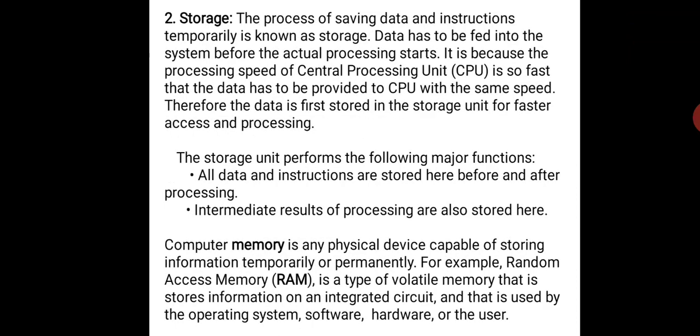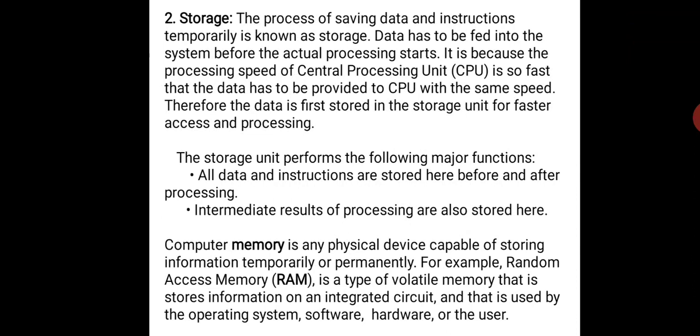Next, storage. It is the most important part of the computer system. The process of saving data and instructions temporarily is known as storage. Data has to be fed into the system before the actual processing starts. It is because the processing speed of the central processing unit, the CPU, is so fast that data has to be provided to the CPU with the same speed.